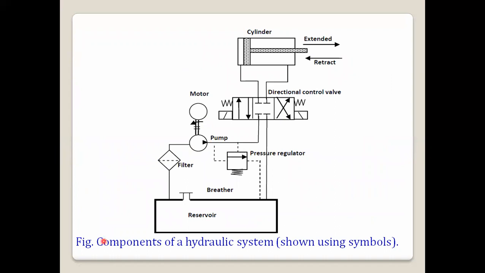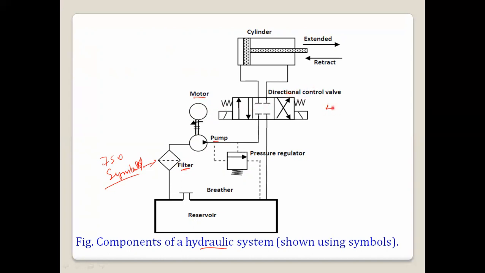We can also draw the hydraulic system in this way. Here is the reservoir, then here you can see the filter. This is the ISO symbol of the filter, which we will study later as a separate topic. Then the pump and the motor; using ISO symbols we can draw the filter, pump, and the symbol of the motor. Then the direction control valve.